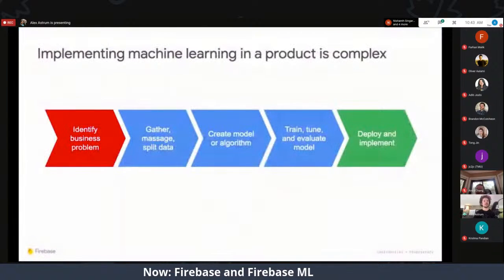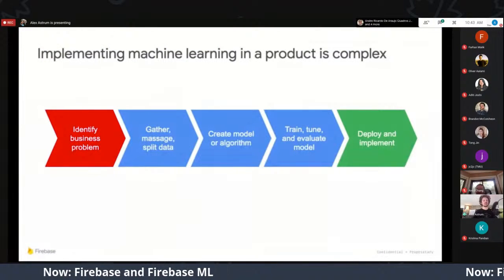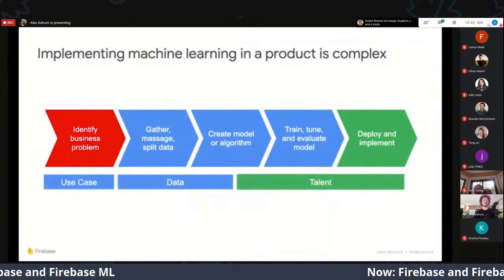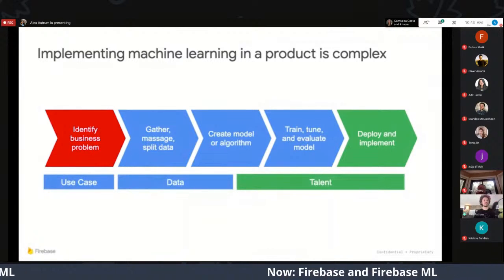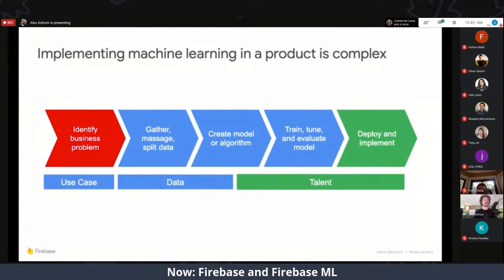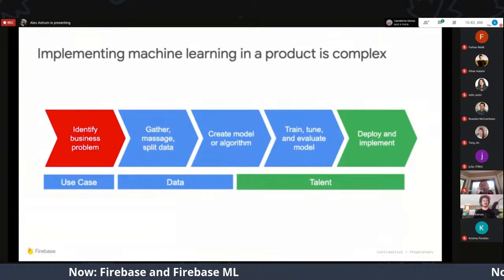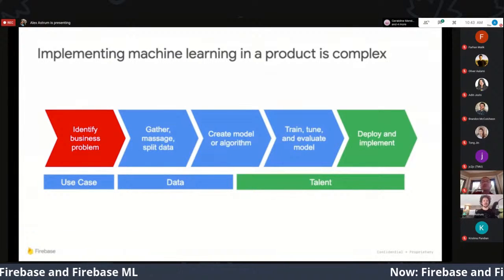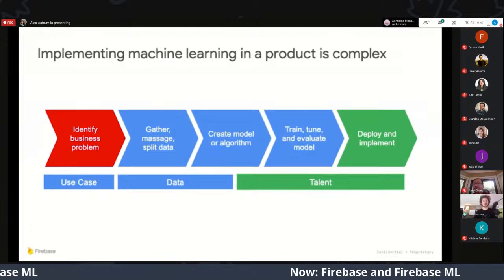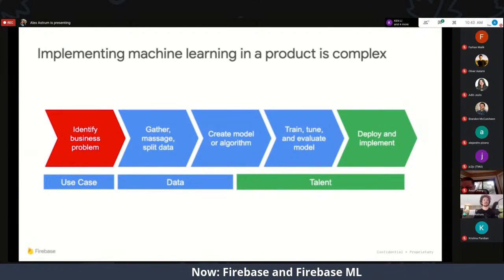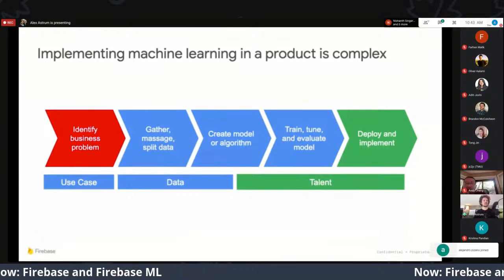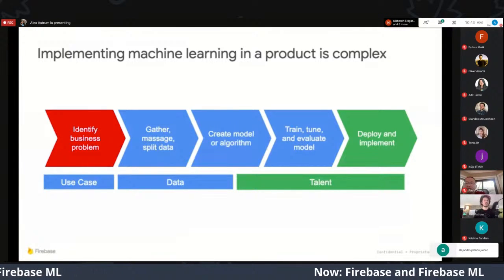Okay, of course, there are a couple of challenges, and let's talk a little bit about them and see how Firebase tries to help throughout this life cycle of an ML model. So first of all, it's identifying a business problem.